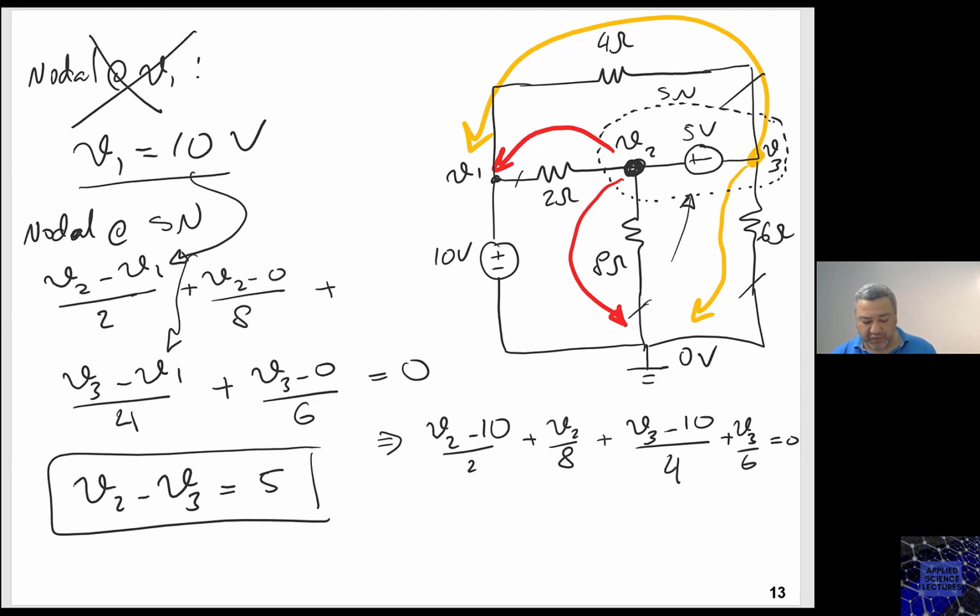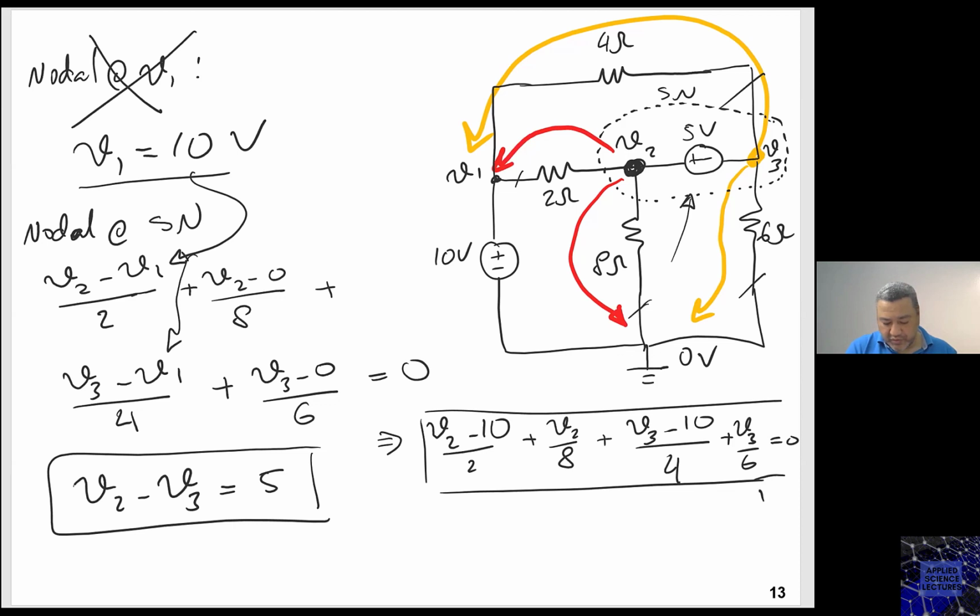So this is the first equation. If you multiply by 8, this is equation number 1, and you put this one as number 2. And then if you solve those 2 equations, you should get the answer for V2 and V3.